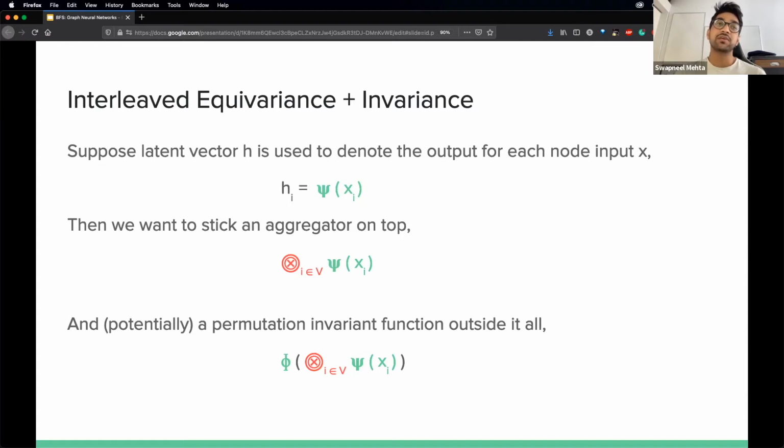I can't speak to that paper because I haven't read it completely. But I know that there are two ideas you want. You want injectivity and you want invariance. And at the node level, injectivity is equivariance. Yeah, that makes sense.